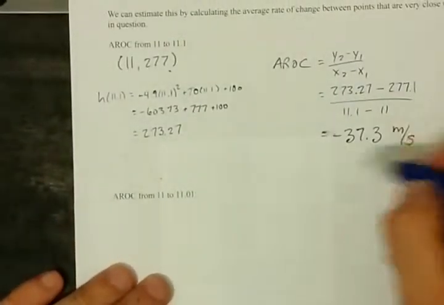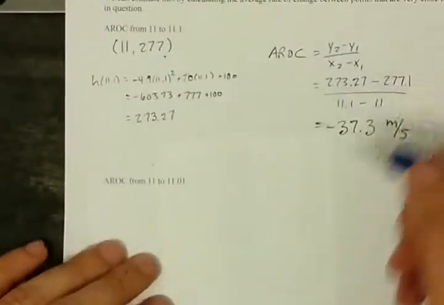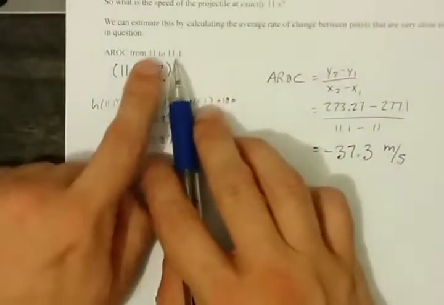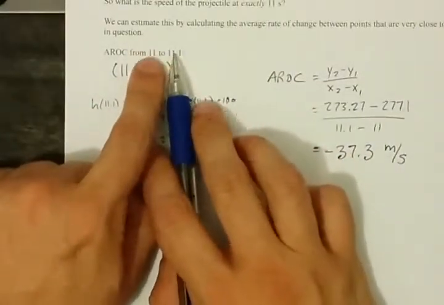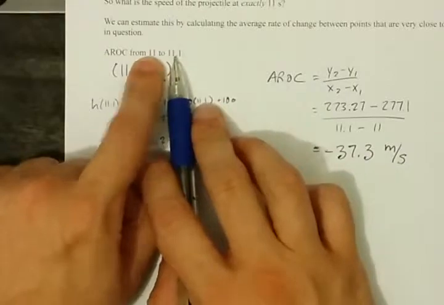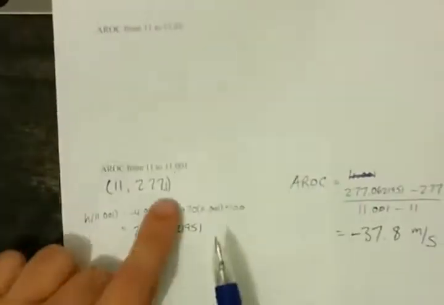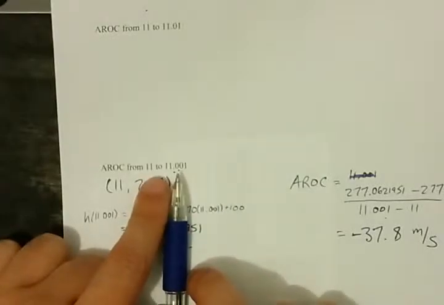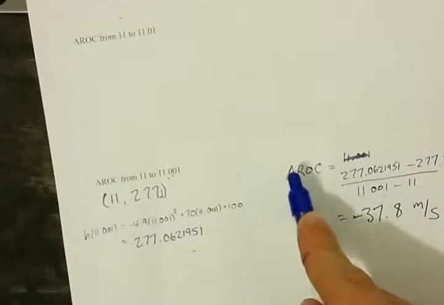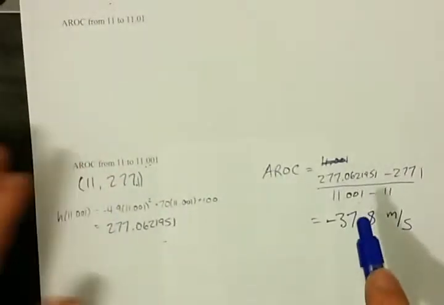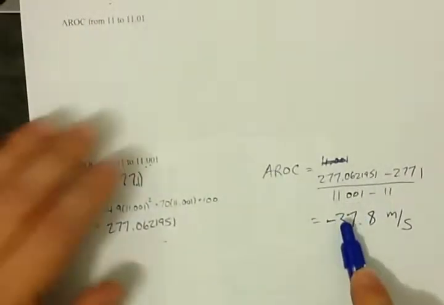So, what you'll notice is that, now I know this number is wrong, but bear with me. As the 2 points we choose get closer and closer together, 11 and 11.1, 11 and 11.01, 11 and 11.001, the closer the average rate of change gets to becoming the instantaneous rate of change.